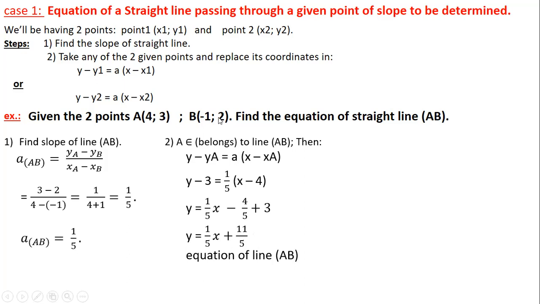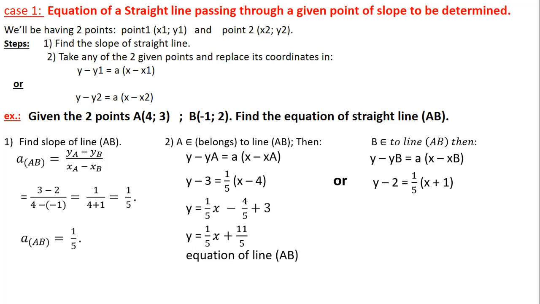Suppose I take B belongs to straight line AB. If I take the second case, I will replace Y minus YB equals slope into X minus XB. So now I take the coordinates of B and I replace them here. So Y minus 2 equals 1 over 5, this is the slope, into X plus 1. So I will manage the form of this equation.